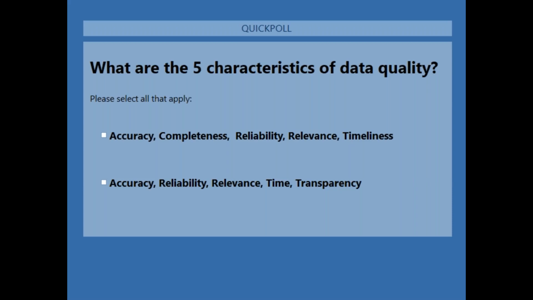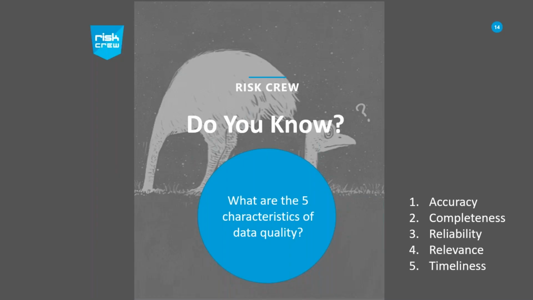The 5 characteristics of data quality are accuracy, completeness, reliability, relevance, and timeliness. Accuracy is when the information must be correct. Completeness refers to how comprehensive the information is.